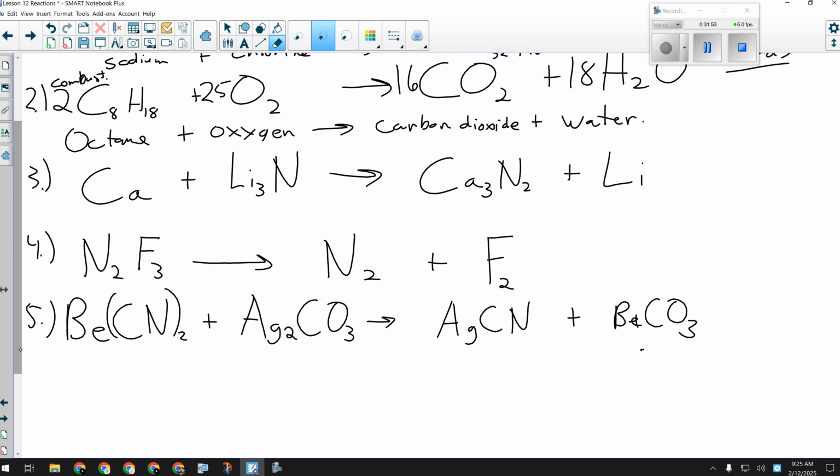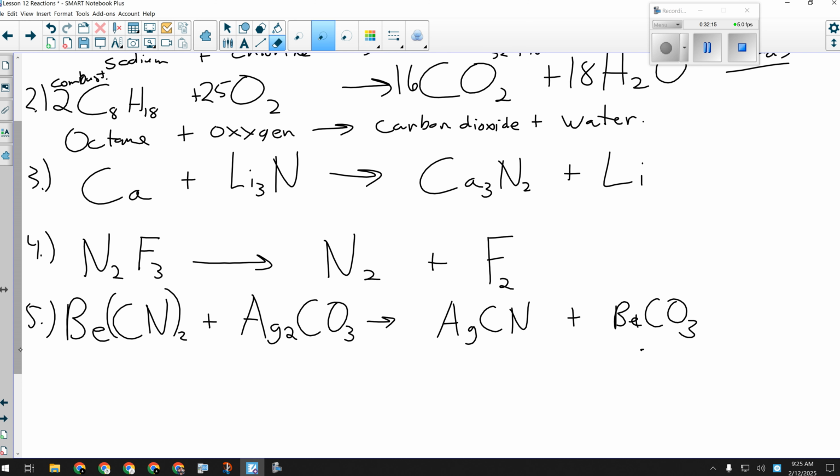So what kind of reaction is there for number 3? We've got a single element, in this case a metal, reacting with an ionic compound. Single replacement, right? And that metal swaps out for the metal that's in that compound. That's why lithium ends up alone and calcium ends up with a new partner.